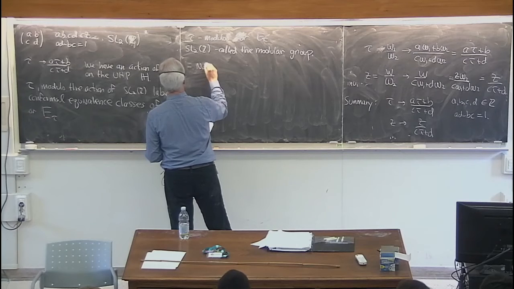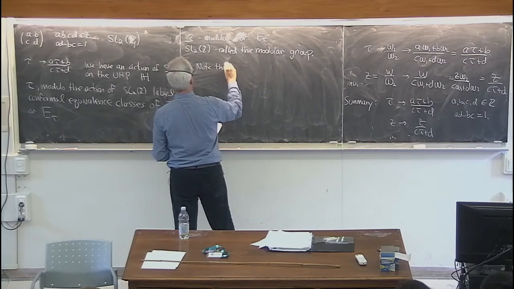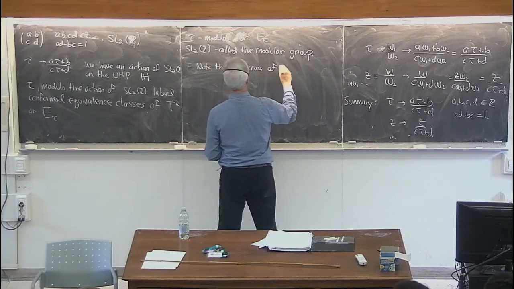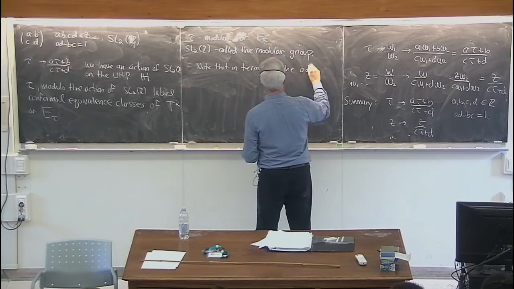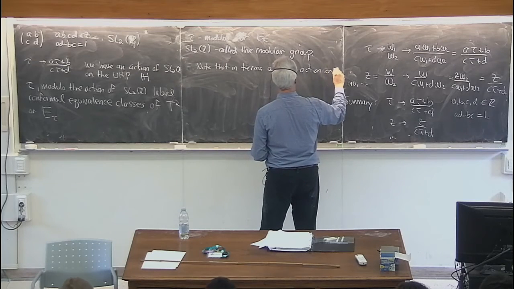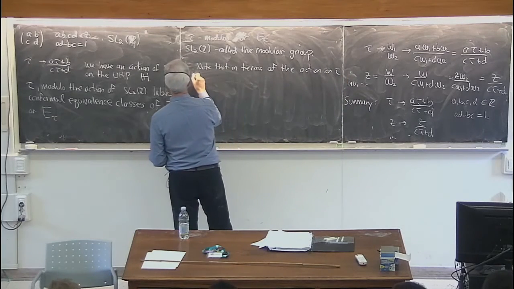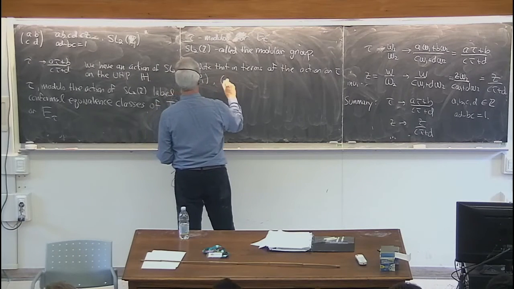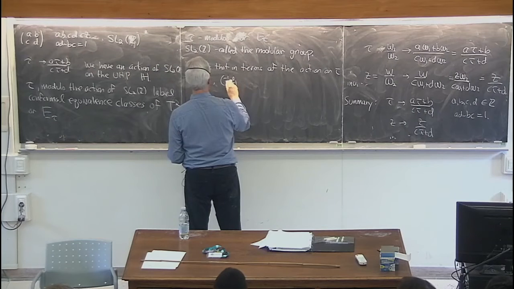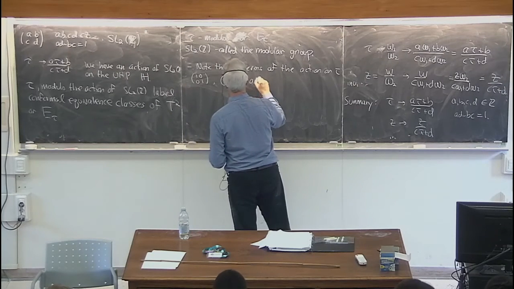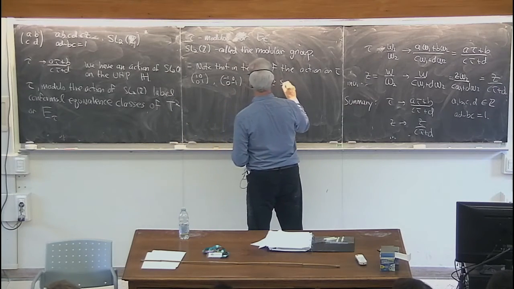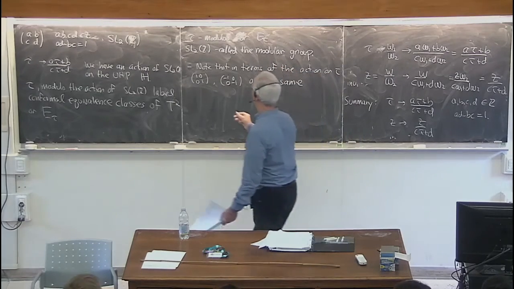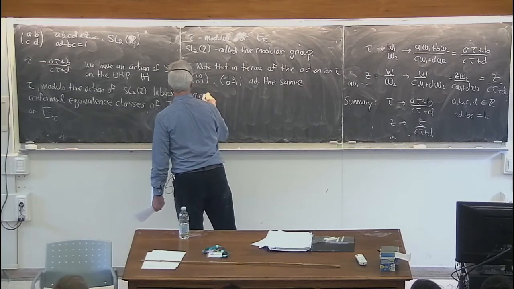So first of all, let's note that in terms of the action on tau, the group element which is the identity, and minus the identity act the same, because I'm looking at these fractional linear transformations.